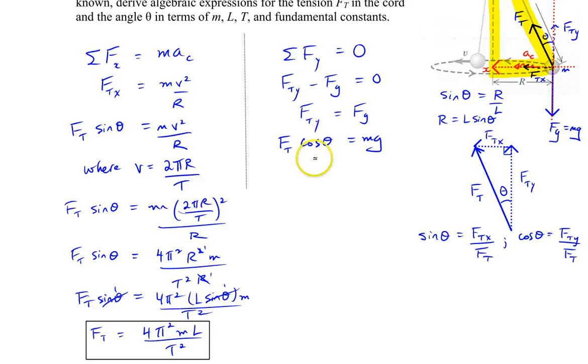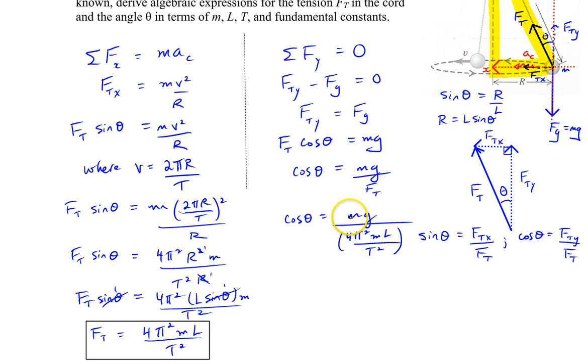Okay, so we also have cosine theta, and we can rewrite that by itself as cosine theta equals mg divided by the tension. But the tension is given over here as 4 pi squared mL all over period squared. So we can write cosine theta equals mg all over 4 pi squared mL all over period squared.